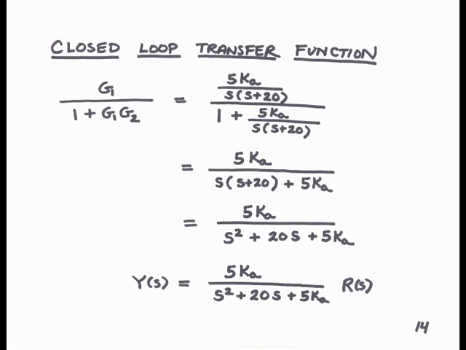That is the relationship between the desired position signal, R(s), and the actual position signal, Y(s). Note that the poles of this transfer function are dependent upon Ka, which is our proportional controller constant. We get to choose this value, and by choosing it, we'll affect the dynamics of the closed-loop system.